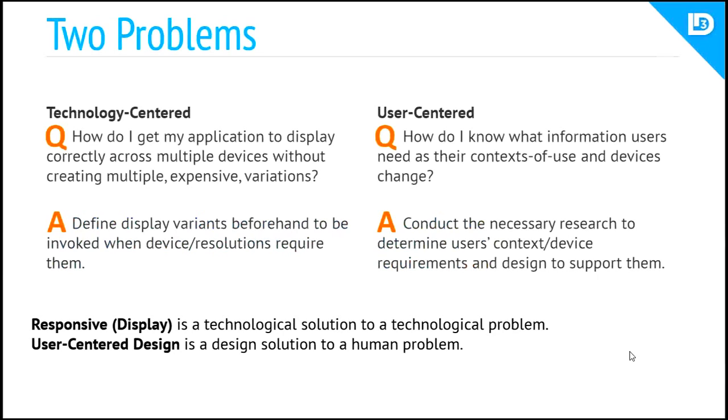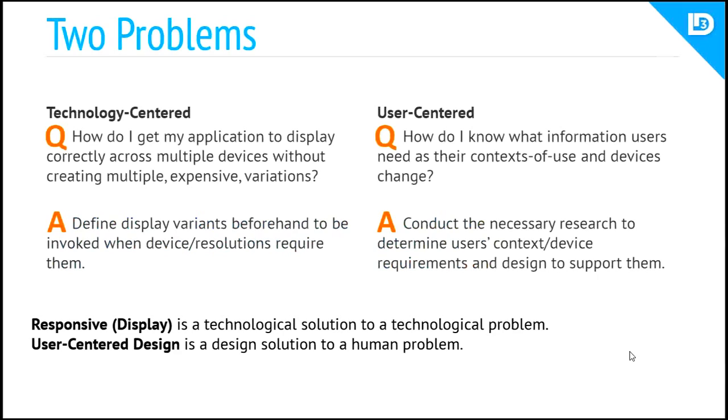The first is technology-centered. How do I get my application to display correctly across multiple devices and still make it such that I don't break the bank trying to do this thing in time or money? And that's a relatively straightforward problem now.